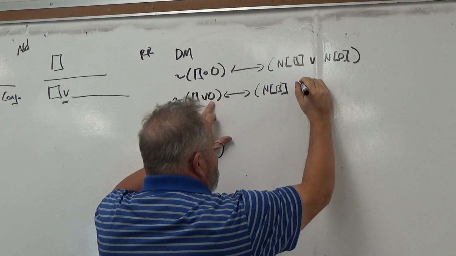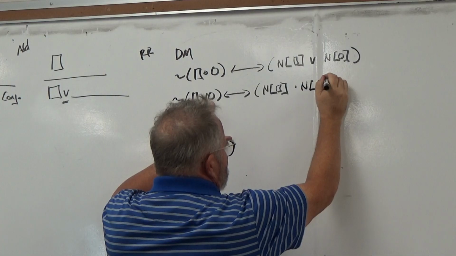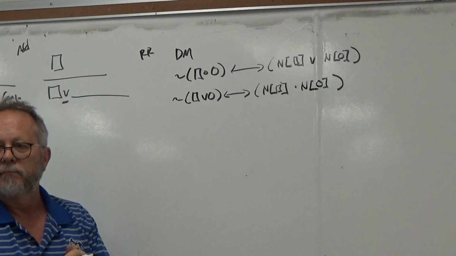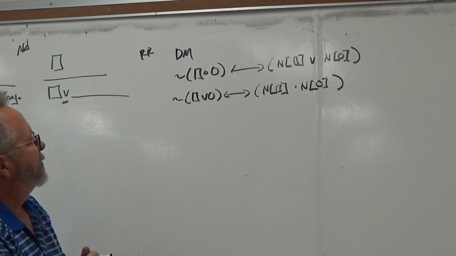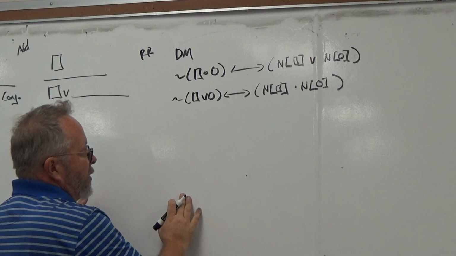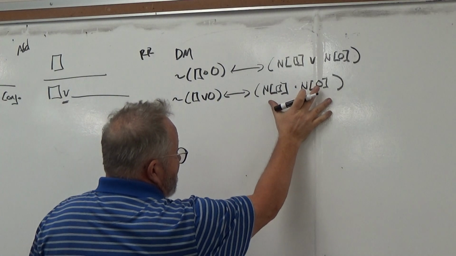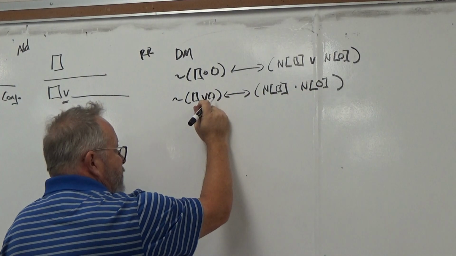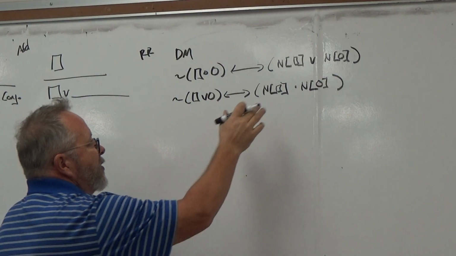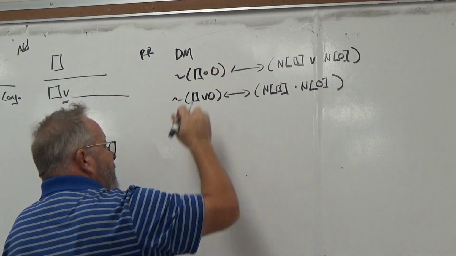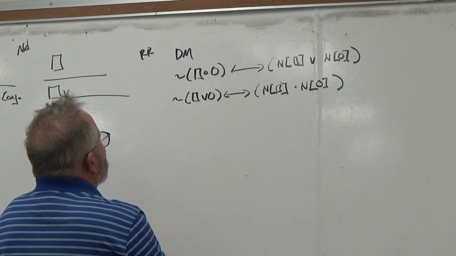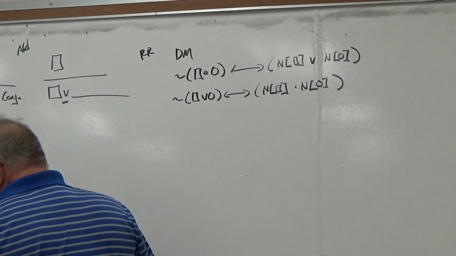And then I get the opposite of the second thing. Okay, so I can push the negation through, and by the way, of course, I can go from this back to that, right? And also from this back to that, okay? Okay, that's De Morgan's, okay?